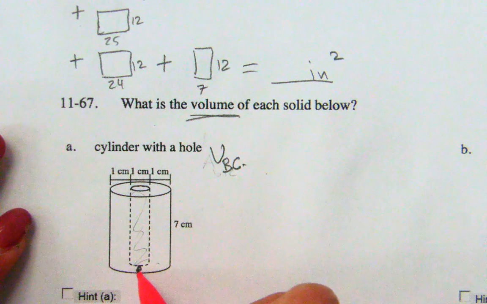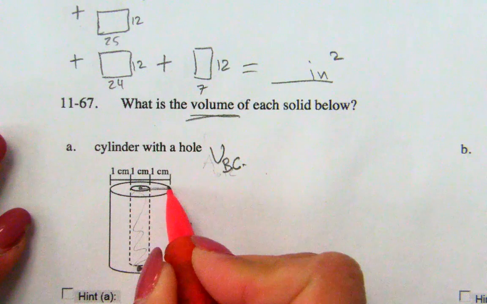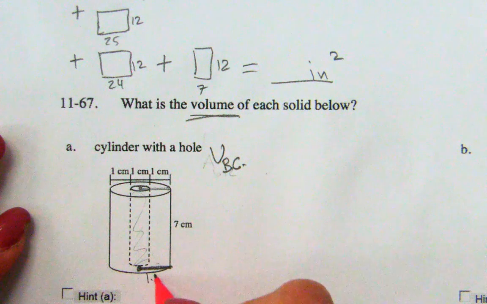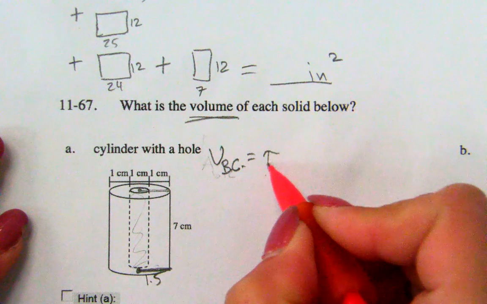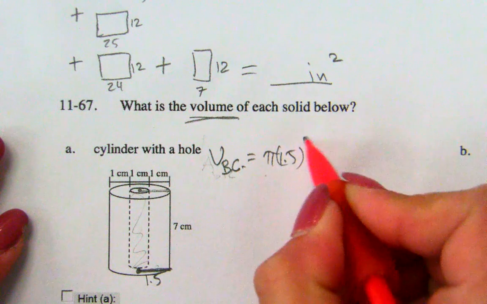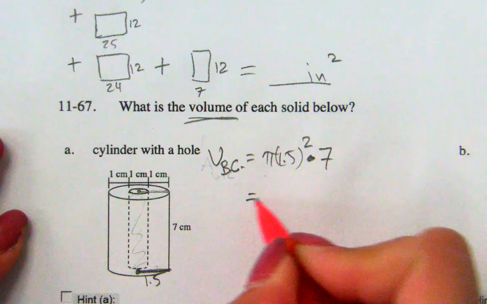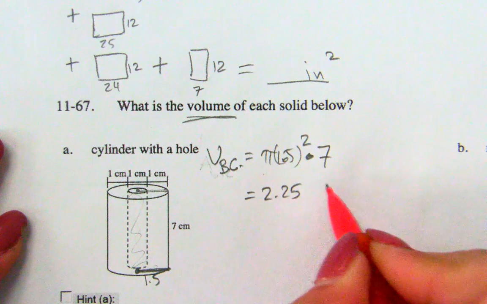This has a radius of, what is this, 1.5? Yeah, because it's 1, 2, 3, and half of 3 is 1.5. So volume of the big cylinder is going to be pi times 1.5 squared times the height. Times 7. So 1.5 squared is 2.25.